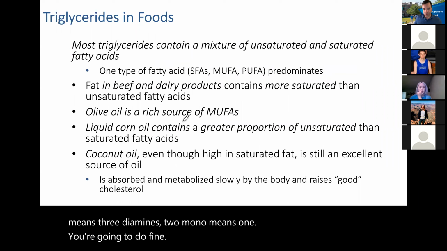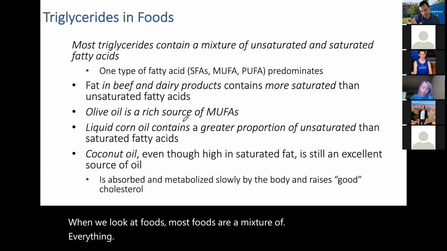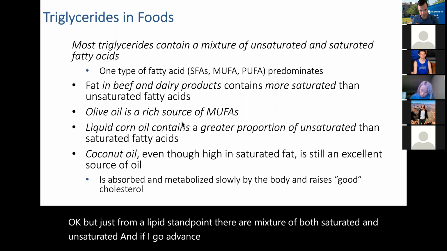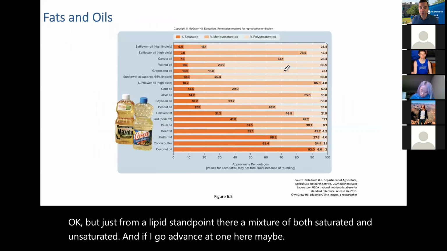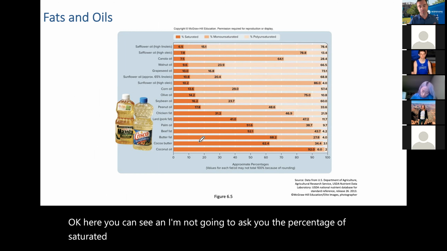When we look at foods, most foods are a mixture of everything, okay? But just from a lipid standpoint, they're a mixture of both saturated and unsaturated. Here you can see, and I'm not going to ask you the percentage of saturated to monounsaturated to polyunsaturated. That's not the point, okay?